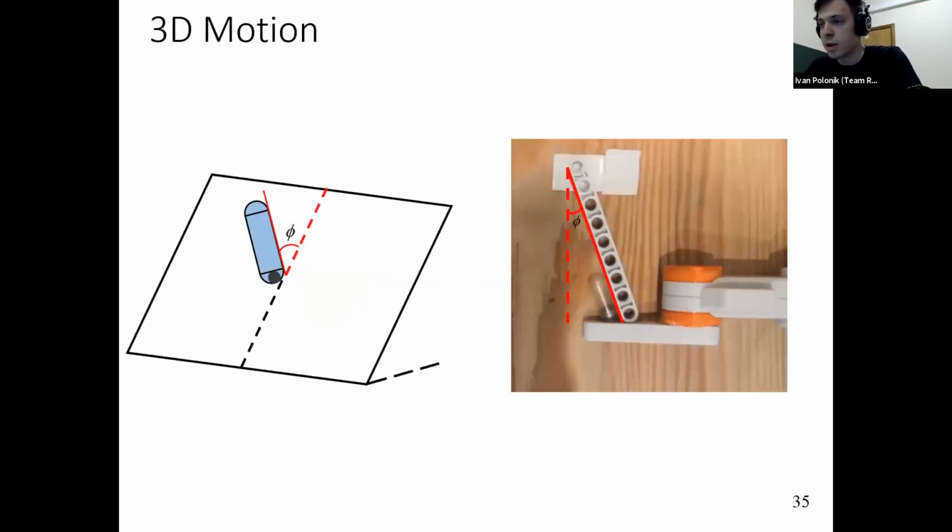So we had our setup. It looked like this from overview, and we could clearly vary this angle. You may see it on the frame, angle phi. And in most of our experiments, it was equal to 0. But we had a special investigation when we vary this angle. Because if it was 0, we can say that our beam moves in 2 dimensions. And also it was from the video.